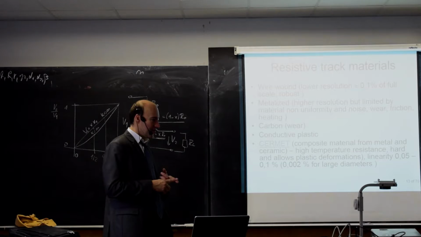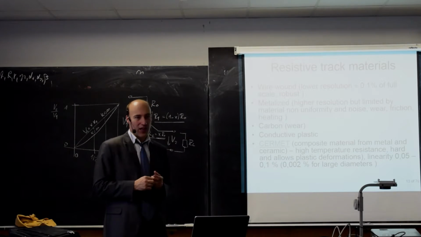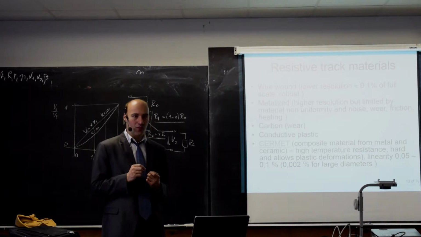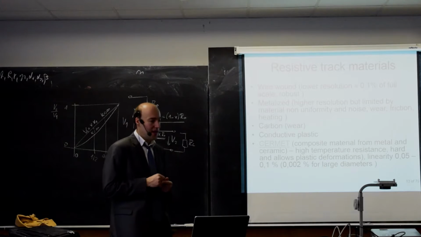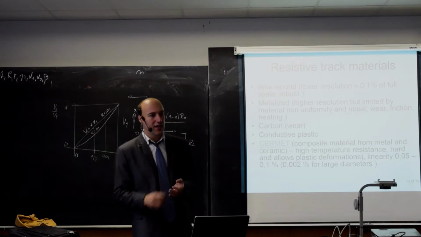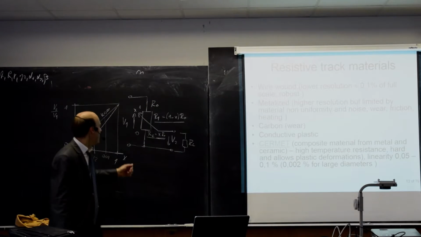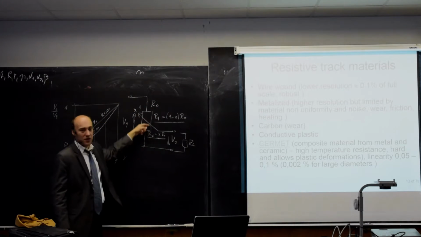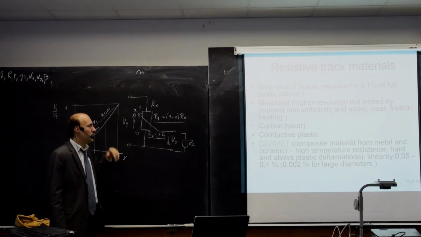The second possibility is to create a metallized layer. So it's a basic material where you have a metallized layer on top of it, and the slider is moving on the layer up and down, left and right.